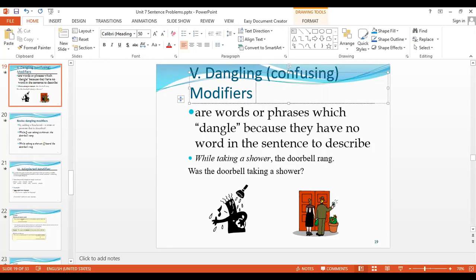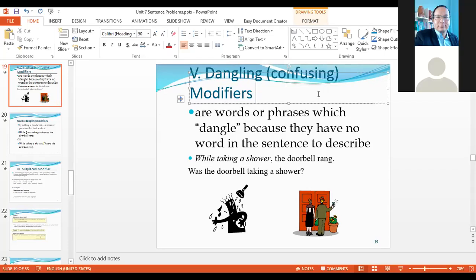And what do we mean by dangling modifier? Dangling modifiers are modifiers that start a sentence and modify the wrong subject or have no clear subject.